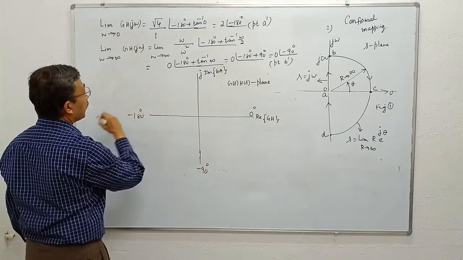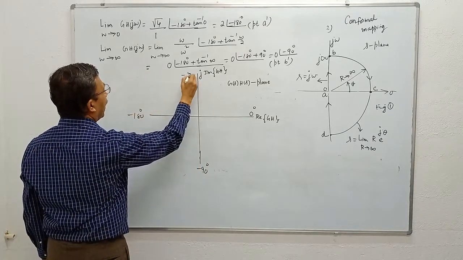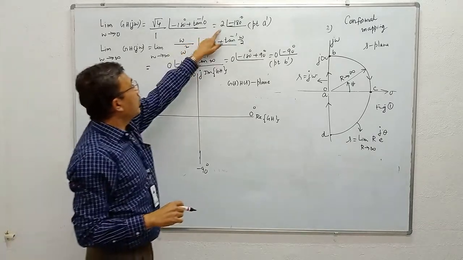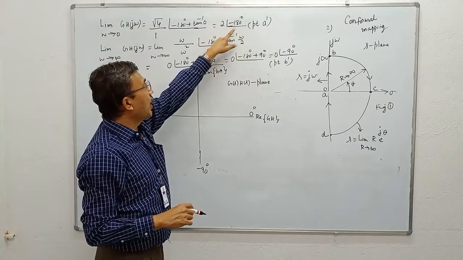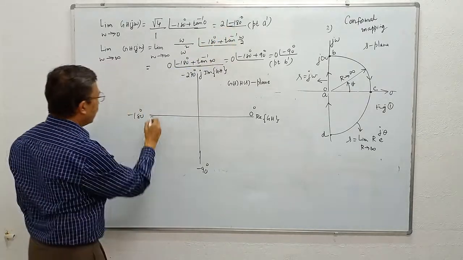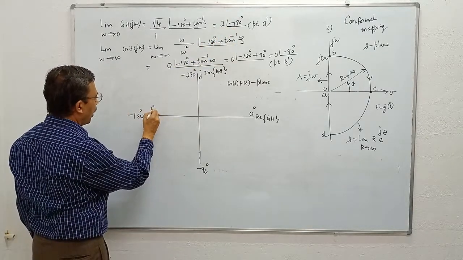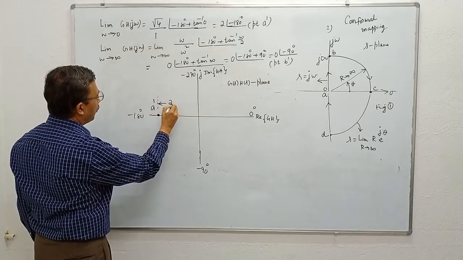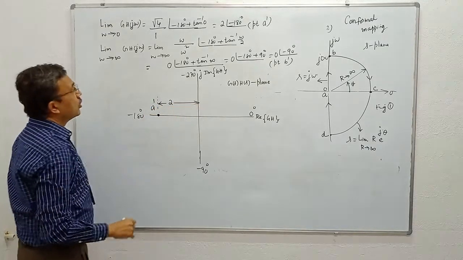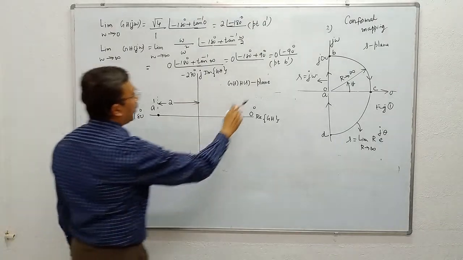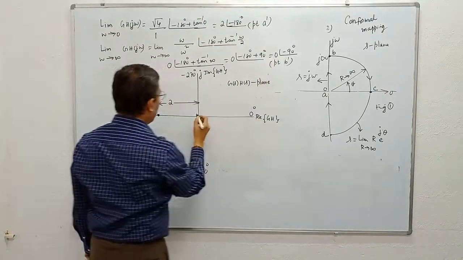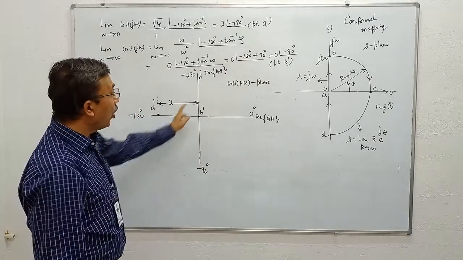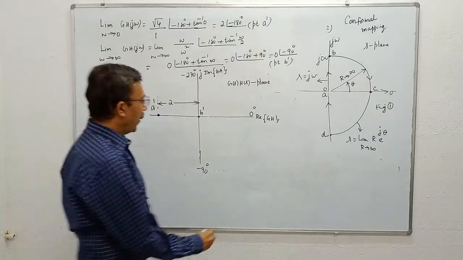This axis represents minus 180 degrees. And this axis represents minus 270 degrees. Point A dash has got magnitude equal to 2, angle equal to minus 180 degrees. On minus 180 degrees, mark point A dash. Distance from origin to point A dash is 2. Point B dash has got magnitude equal to 0. Therefore, point B dash is at the origin of G of S, H of S plane.